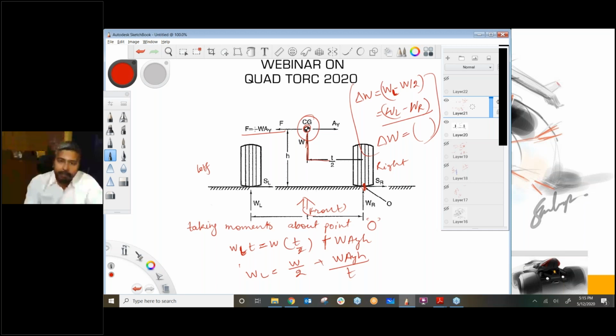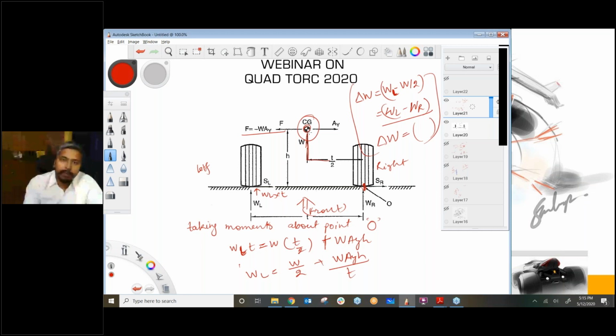Effect of banking is when the turn is there and the slope is there at the same time. It has the CG for the sprung weight also. So you can study this document. This is really helpful, and it will give you almost all the calculations required for your vehicle dynamics, except for the suspension.